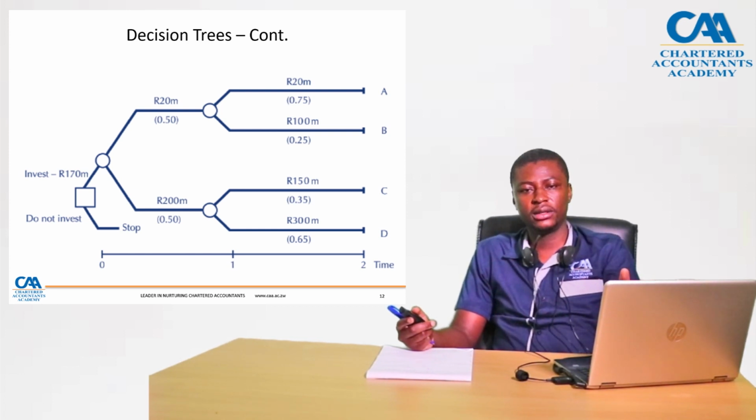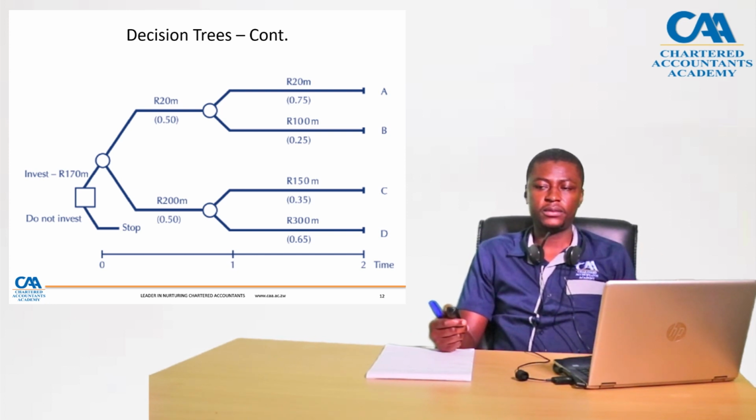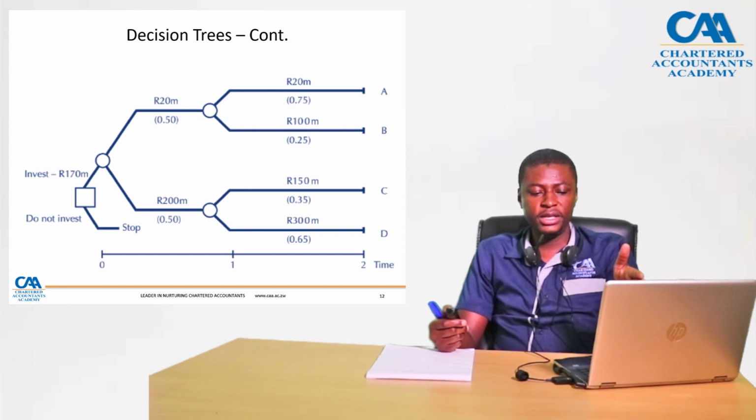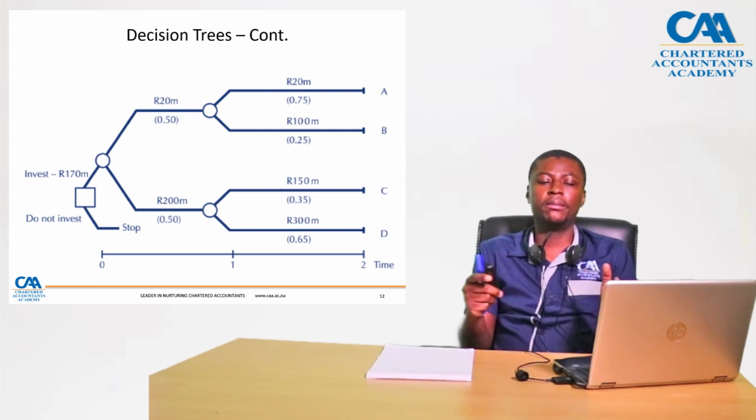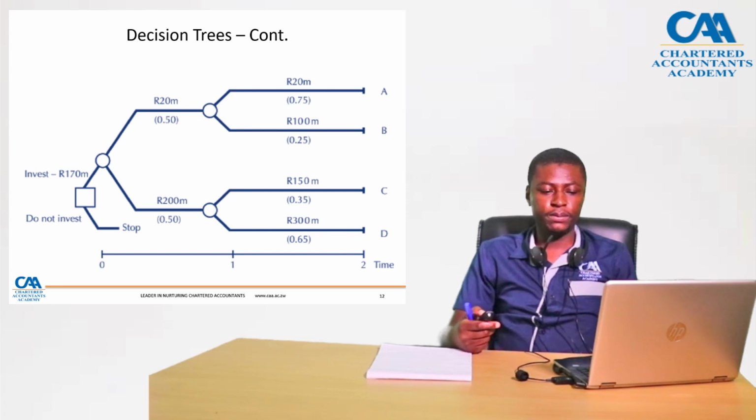So in the end, I've got pathway A or pathway B. If I go to the 200 million branch, it's again giving me two possibilities: path C and path D. So I've got A, B, C, D, possible options that may arise from implementing this project.